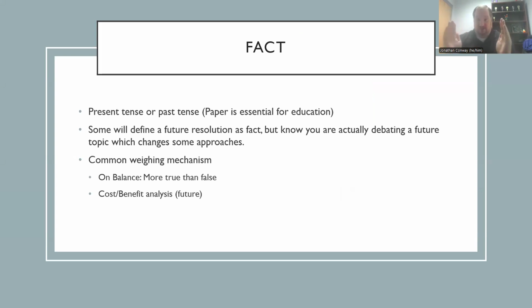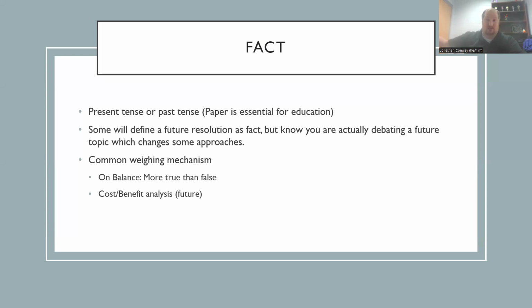Is it true or false? The affirmative has the right to define this round however they want. So they might see schools should go paperless and still define that as a fact round. I disagree. I think that's a misinterpretation of what the resolution is asking, but I understand how they get there even if I disagree. So what you need to understand as the negative is that you're still debating future.